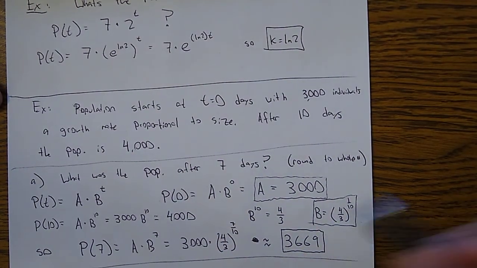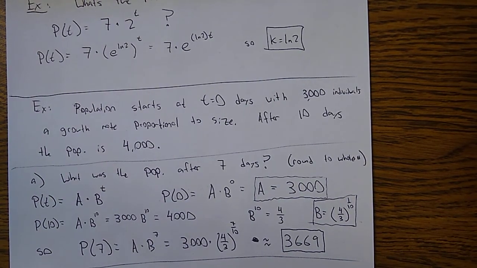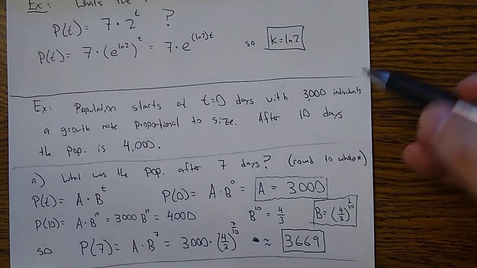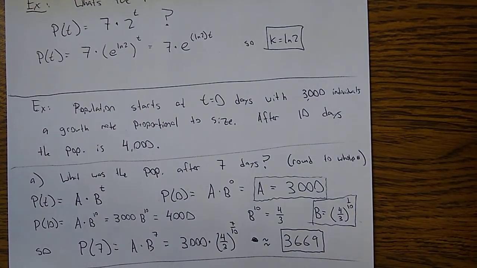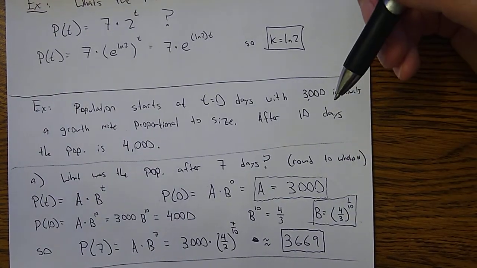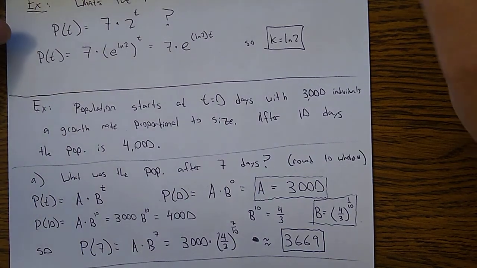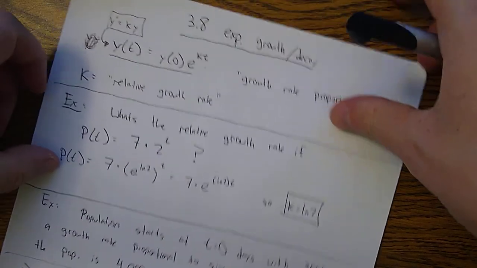And it was, which of course doesn't mean that I'm exactly correct. I still could have made a mistake, but at least my answer makes some sense because it's in between 3,000 and 4,000. If I didn't get a number between 3,000 and 4,000, I would know for sure I made a mistake, and then it would be time to go carefully check my work.